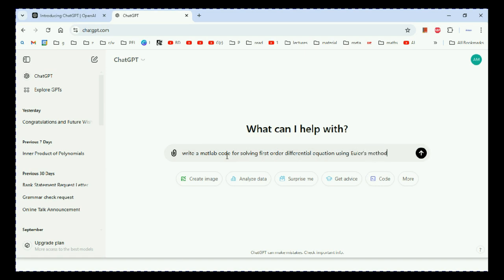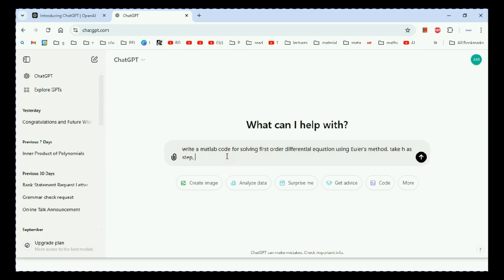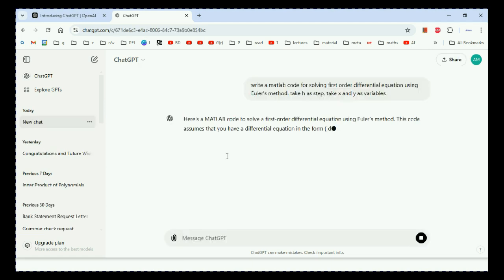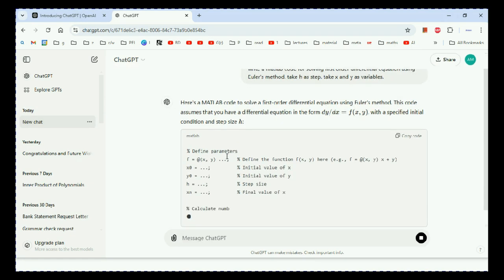Let's take h as the step because we used h, and take x and y as variables. Otherwise it may take x and t, or t and y, whatever. We can have our own variable names. Let's see what it makes.